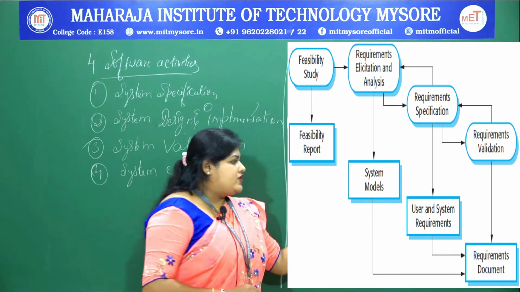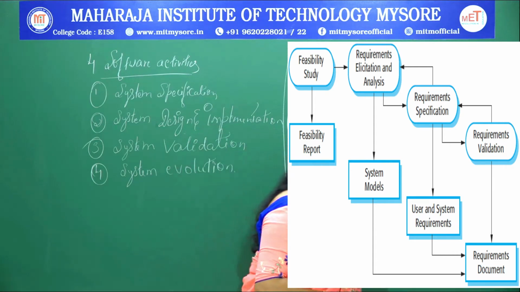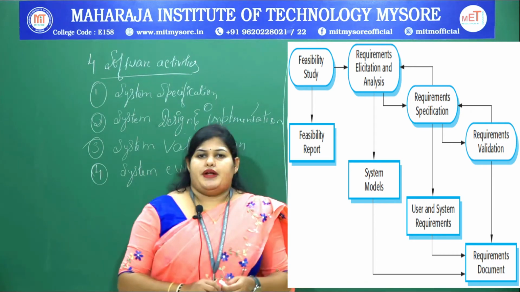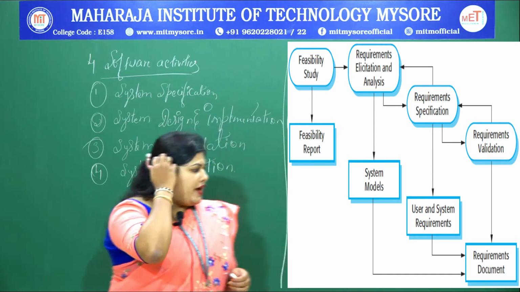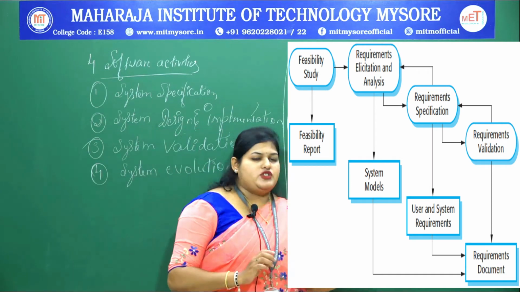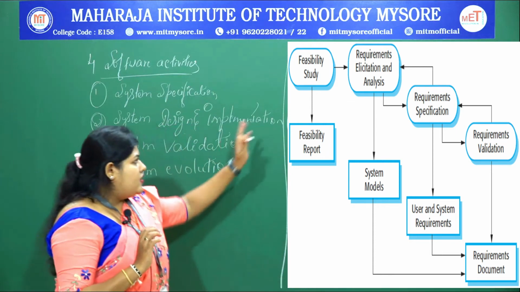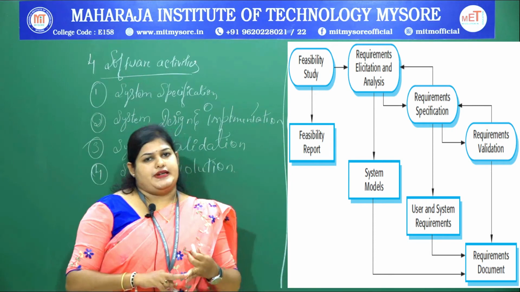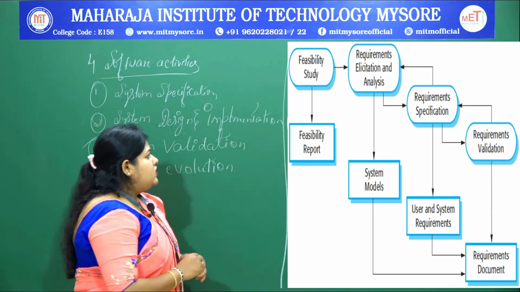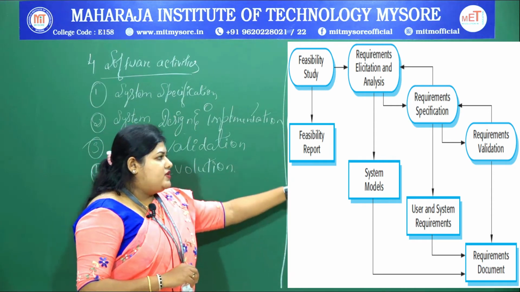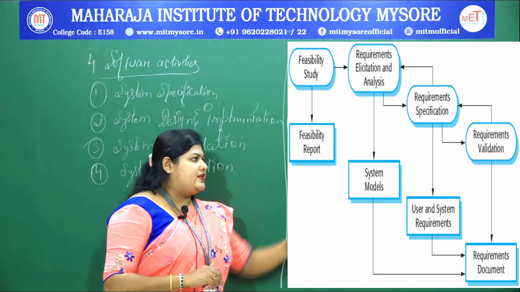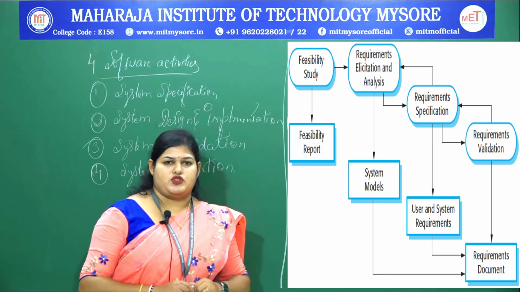All of this together will be documented as the requirement documentation. Accordingly, the requirement documentation will be performed and the engineer will undertake a feasibility study. That is how to deal with the requirements through elicitation and analysis and the requirements specification.